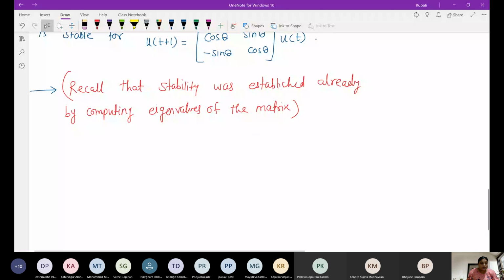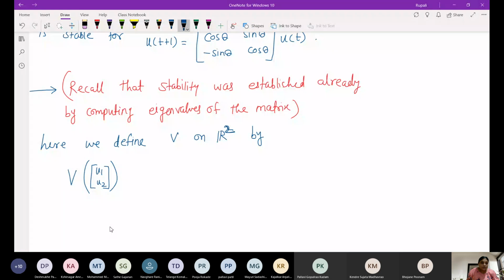So here we define V on R2 by V at U. Since it belongs to R2, the vector is U1, U2, and we define it as U1 square plus U2 square.